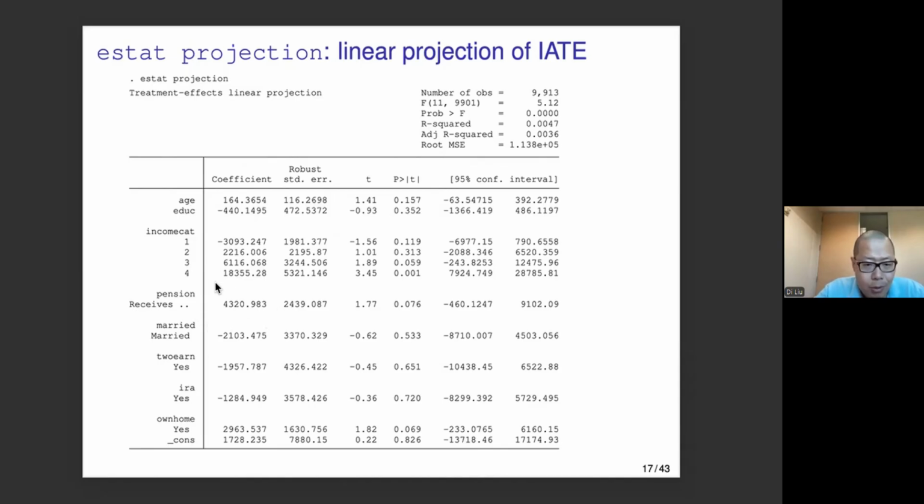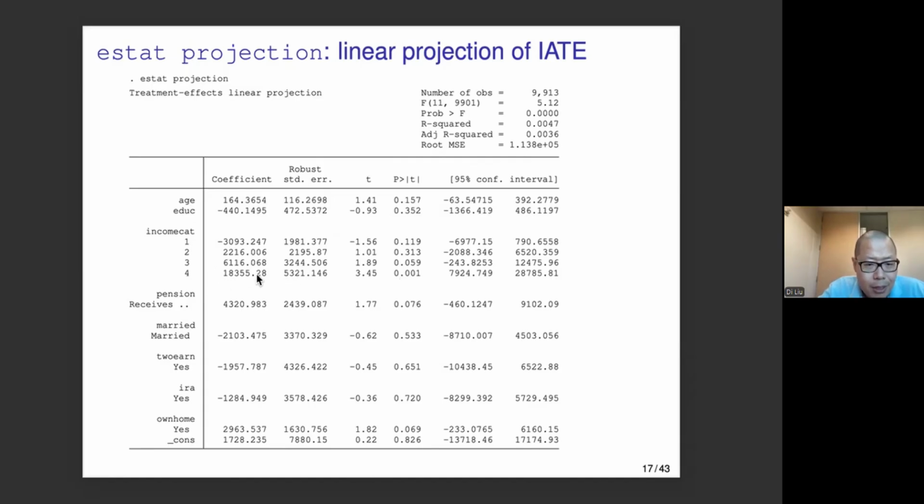For example, here income category 4 has a coefficient of 18,355. That means belonging to income category level 4 will impact the treatment effects by $18,355, under the condition that the treatment effects are linearly approximated.